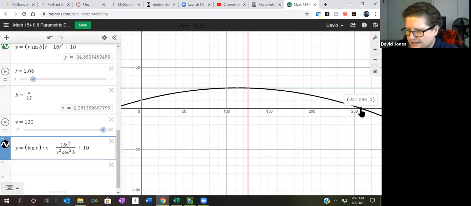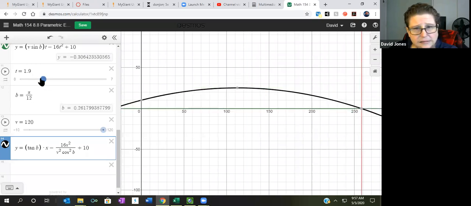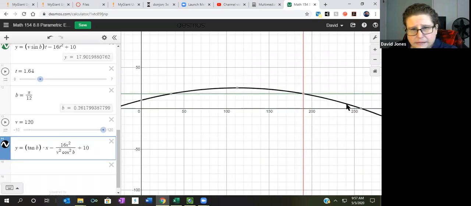15 degrees, it looks like it goes up to 257.6 feet. And the height is the Y value, 25.1.